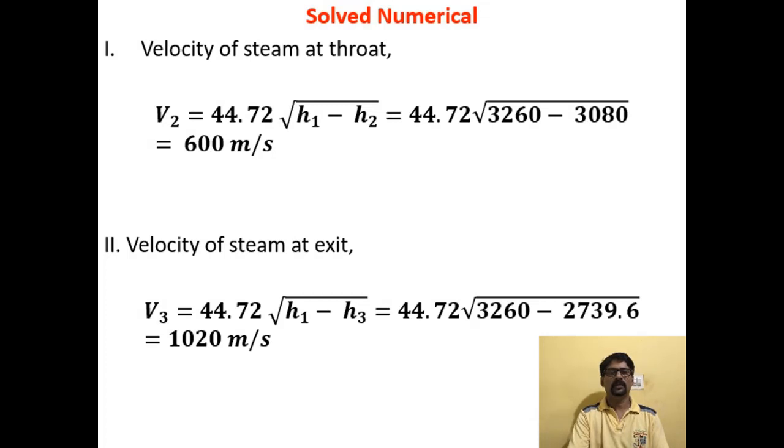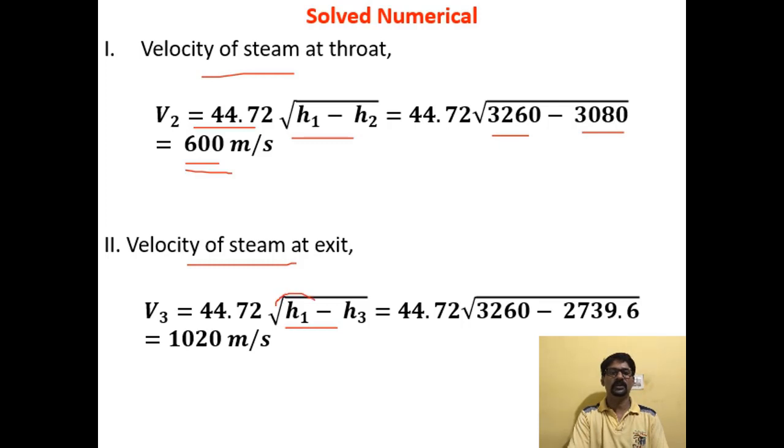Now let us calculate the velocity of steam at throat. So V2 is equal to 44.72 into root of H1 minus H2. H1 is 3260, H2 is 3080. So you will get it as 600 meter per second. Similarly, the velocity of steam at exit V3 is equal to 44.72 into root of H1 minus H3.